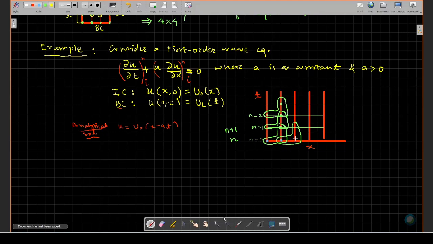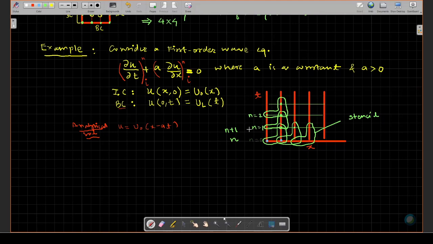So this is essentially backward difference; I'll explain why. To calculate this we'll consider these 2 points. This is called a stencil. In CFD, the terminology used is stencil.